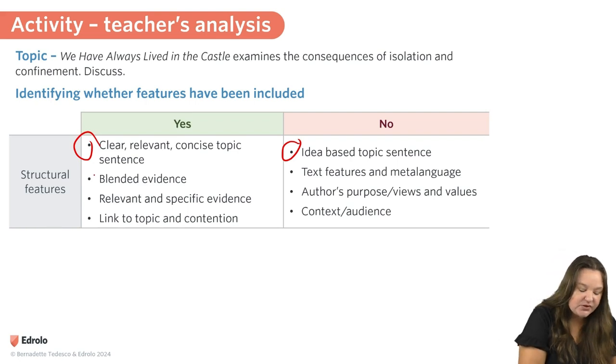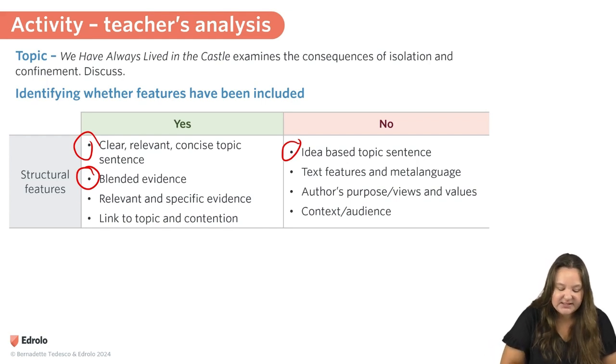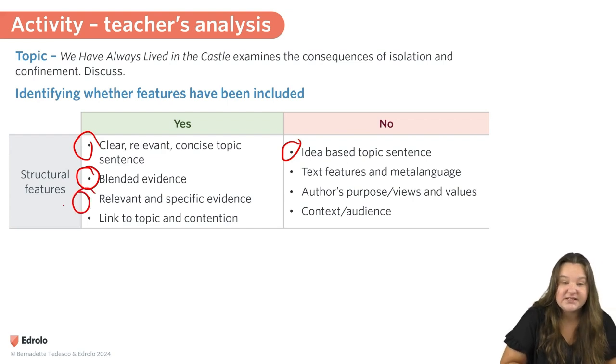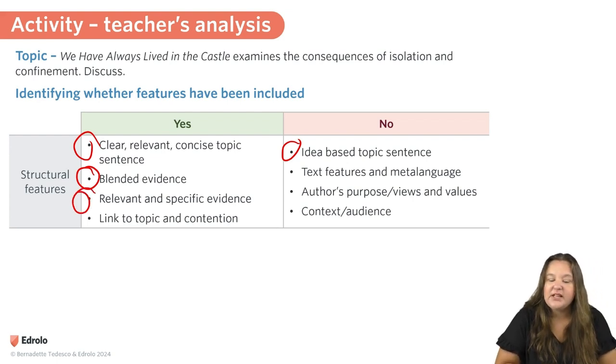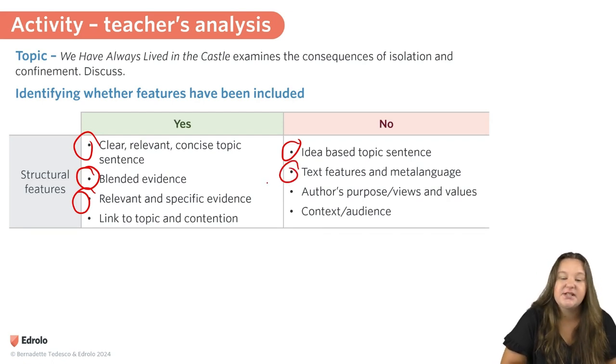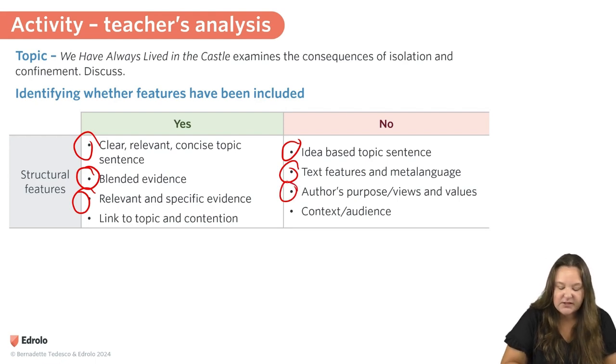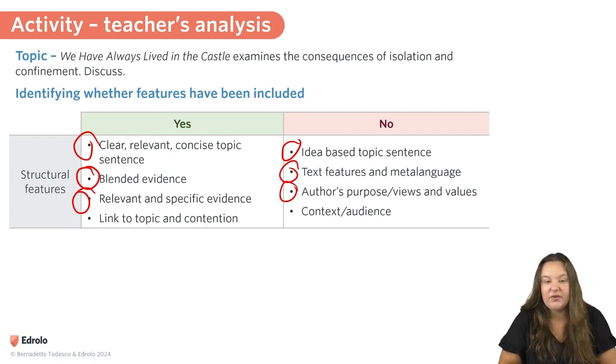The evidence that was used was blended in smoothly so that it felt natural, it flowed naturally into the sentences, and the evidence was relevant and specific. However, when the evidence was being explored, it didn't bring in any of the text features or any meta language, and it also didn't talk about any of the author's purpose, their views or values.